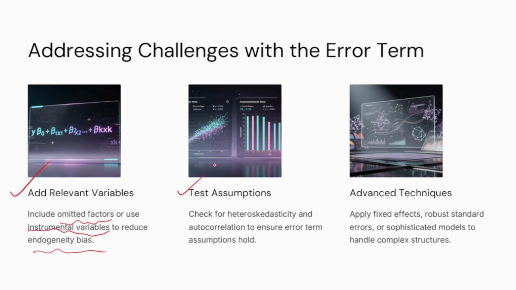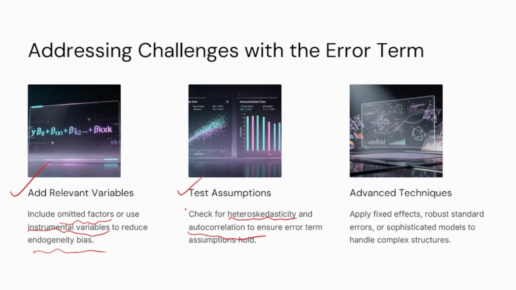Next is testing the assumptions. As you know, if we are applying OLS, it should follow several assumptions, like there should not be any autocorrelation, there should not be any heteroscedasticity, there should not be any multicollinearity. And if the heteroscedasticity problem is there, or the autocorrelation problem is there, we should check it.